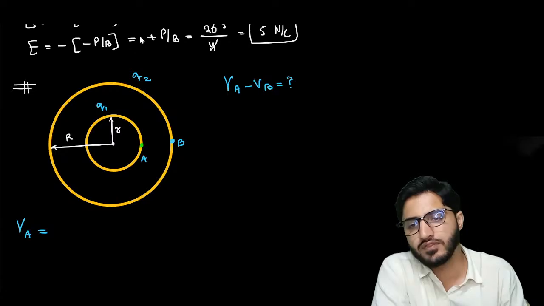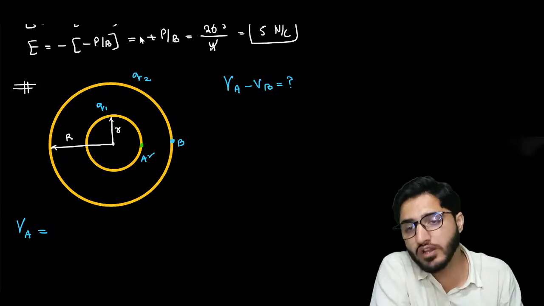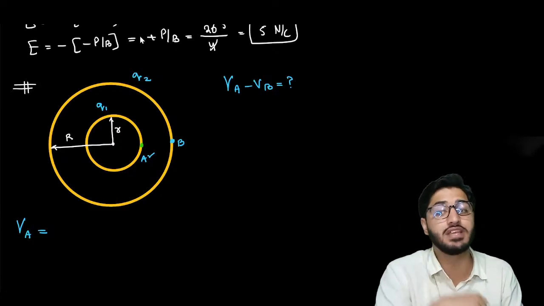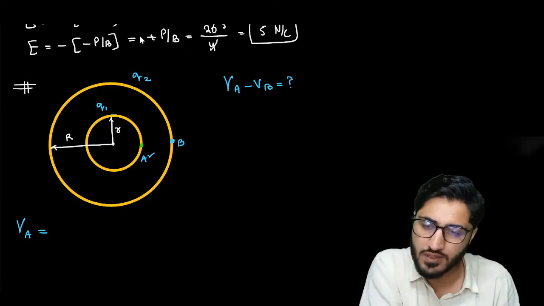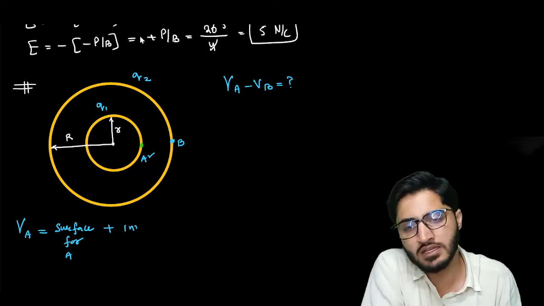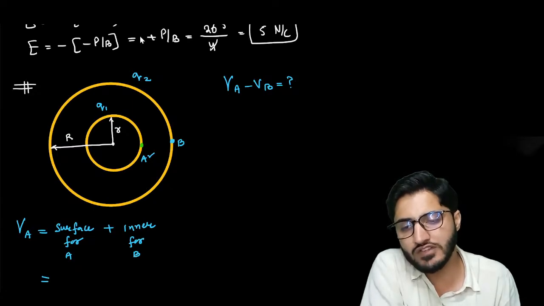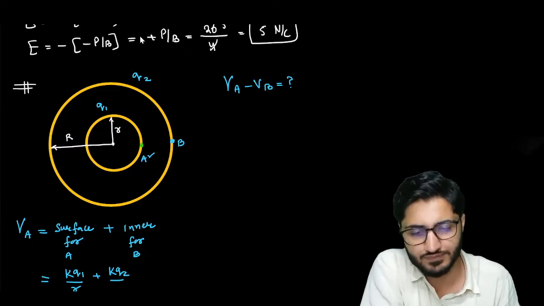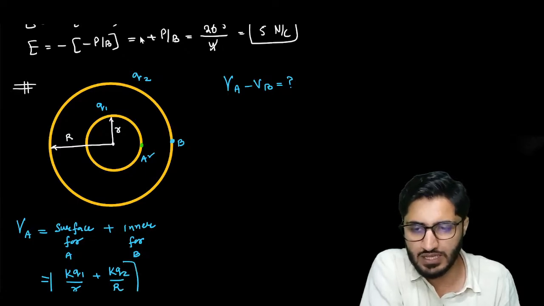This point, this A point, it is at the surface for the smaller one, but it is inner side for B. Okay, so I can write surface for A plus inner side for B. Surface for A, which formula I can use? KQ by R. It is K Q1 by r. Inner is same, it will be K Q2 by R. This is VA. Done?